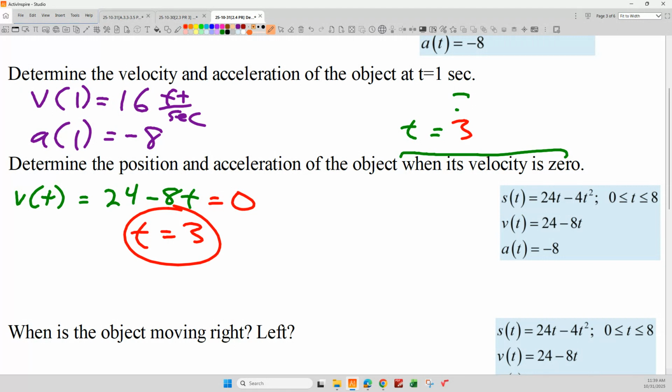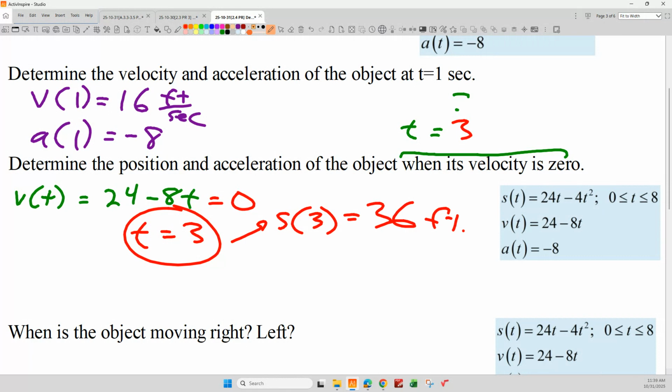Okay. So we'd get s of 3 just equals what? 72 minus 36, so 36. What would the units be? Feet, okay. How about acceleration?